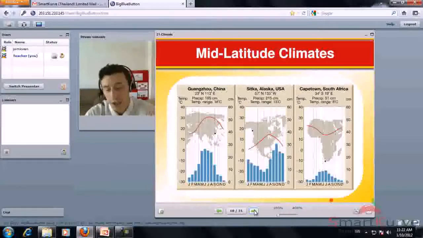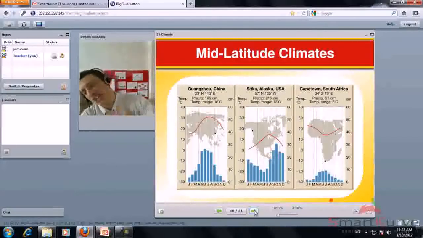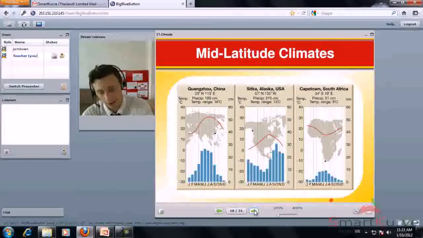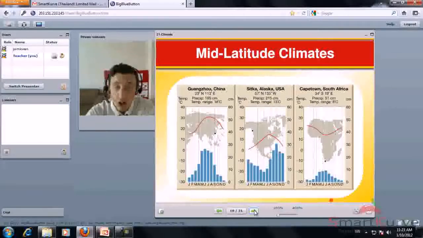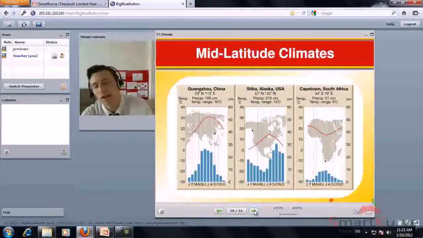We get our highest temperatures in late summer. So in that respect, it's very similar to Guangzhou. The temperature peaks in July and August. But in Sitka, in Alaska, the precipitation peaks after. So we get our highest precipitation in September, October, and November.